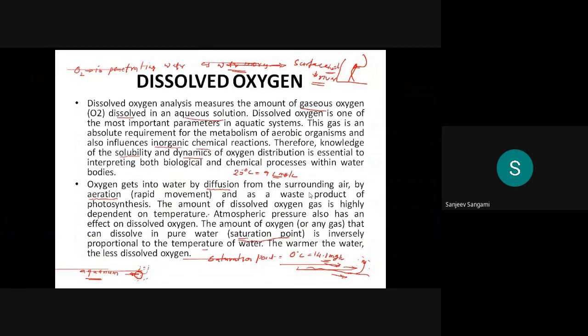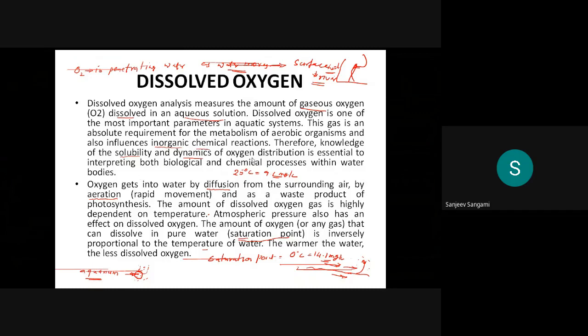In the previous class, we were discussing dissolved oxygen, how exactly this dissolved oxygen is very important in aquatic systems, and we already studied how the DO is interlinked with the temperature.